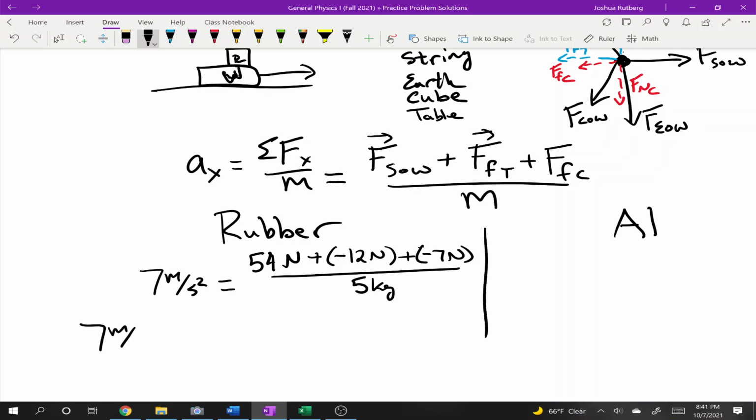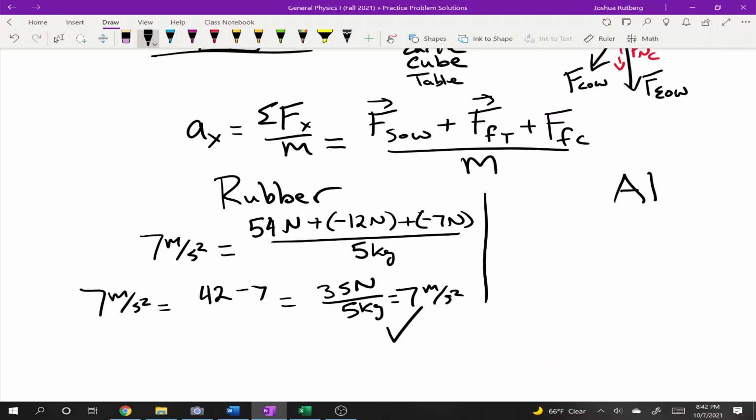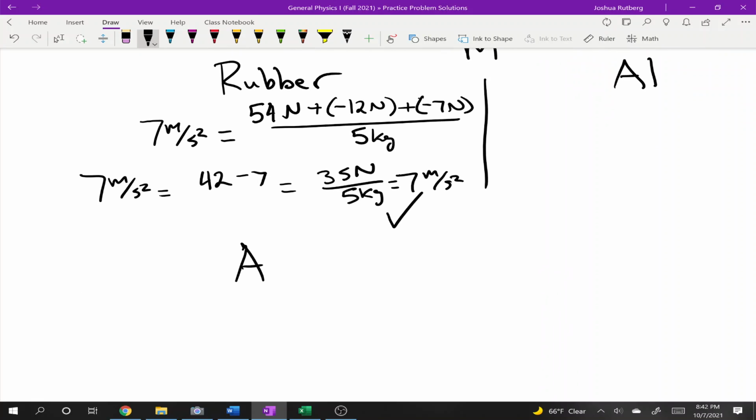So 7 meters per second squared is equal to 54 minus 12, which is 42, minus 7 is 35 newtons, divided by 5 kilograms, which does in fact get us 7 meters per second squared. So that checks out.